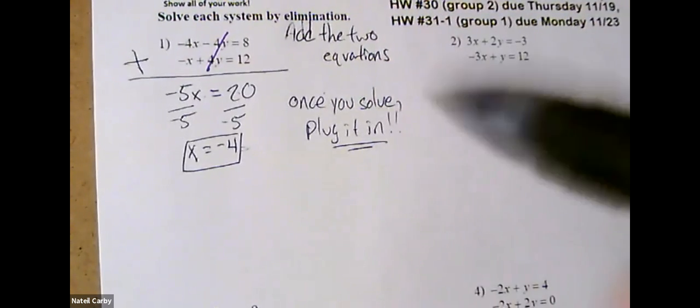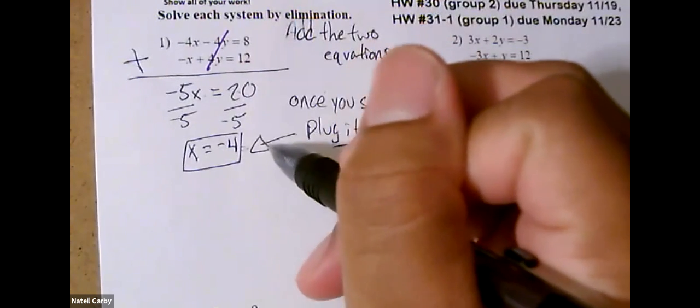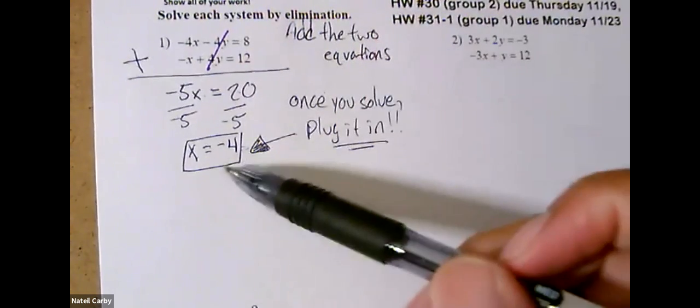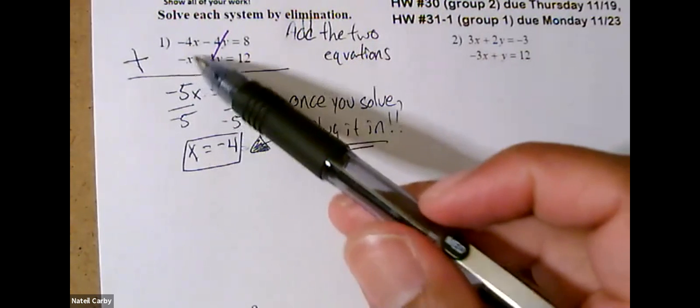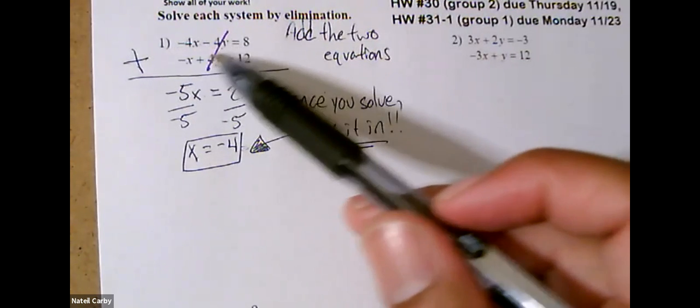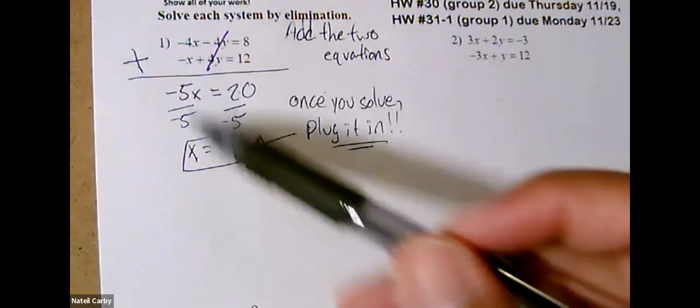So once I solve for x, x is equal to -4, I put -4 in for one of these equations. And like I said, I always do the first one.